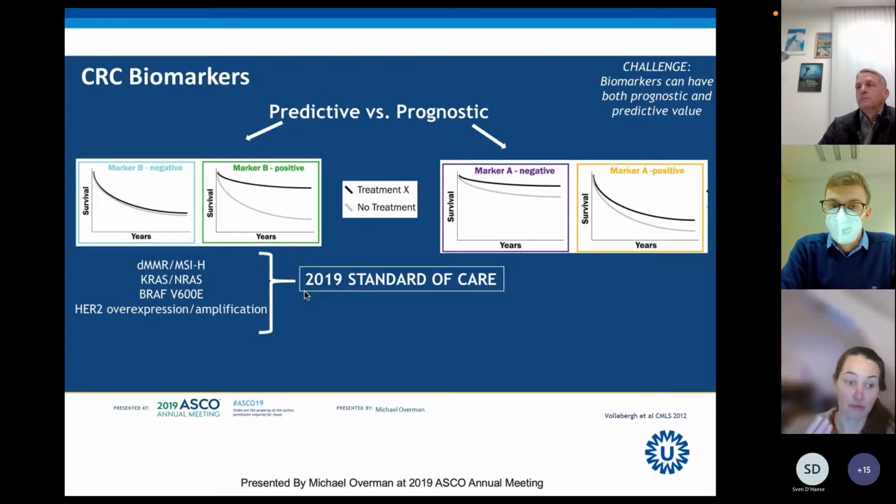Some biomarkers are, of course, both predictive and prognostic. The most important predictive biomarkers at this moment are mismatch repair status, so microsatellite instability versus stability, RAS and BRAF, and HER2, because these really have implications and predict response to treatment.